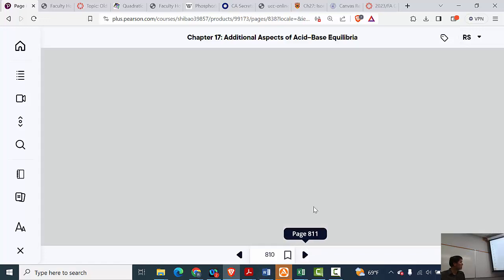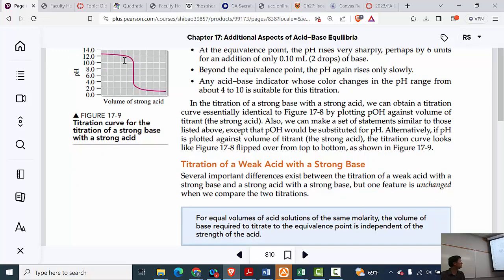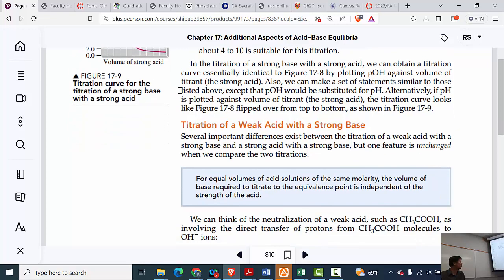When we get to a weak acid with a strong base, this is just inverted. You start off with the base in the flask and the acid in the burette, and you use the acid as a titrant. And so this is inverted, just flip it.